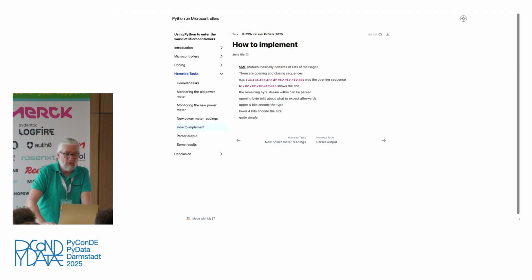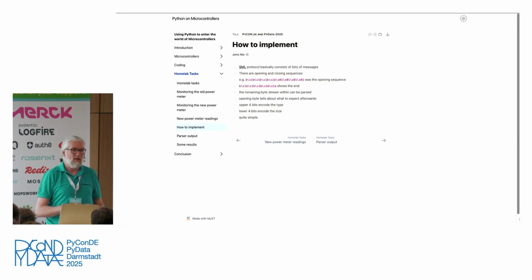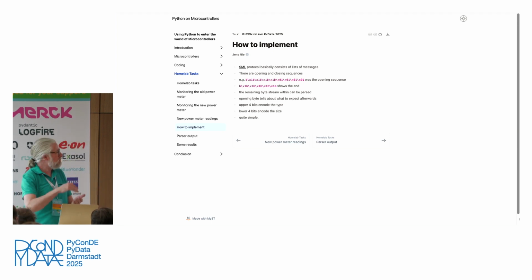The SML protocol is basically a list of messages, with an opening and a closing sequence. The four 1Bs and the four 1s are the opening sequence, and four 1Bs and the 1A show you that you have the closing sequence. Anything in between is a byte stream that you can parse.